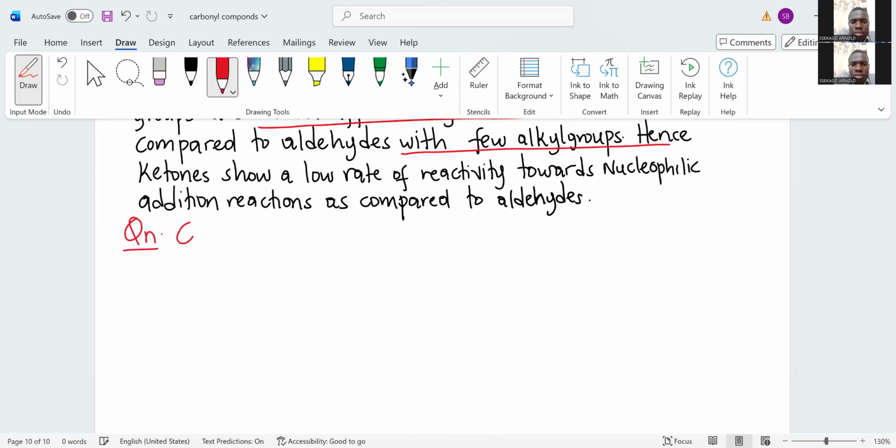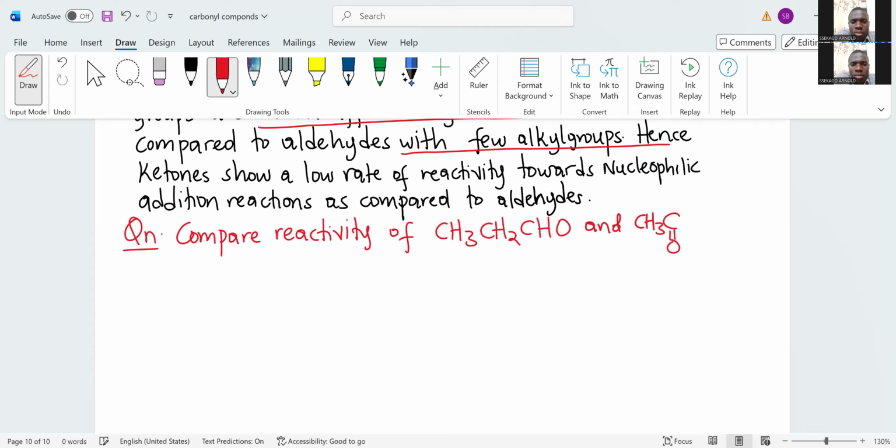Question: compare the reactivity of CH3CH2CHO, propanal, and CH3COCH3, propanone, towards nucleophilic addition reactions.